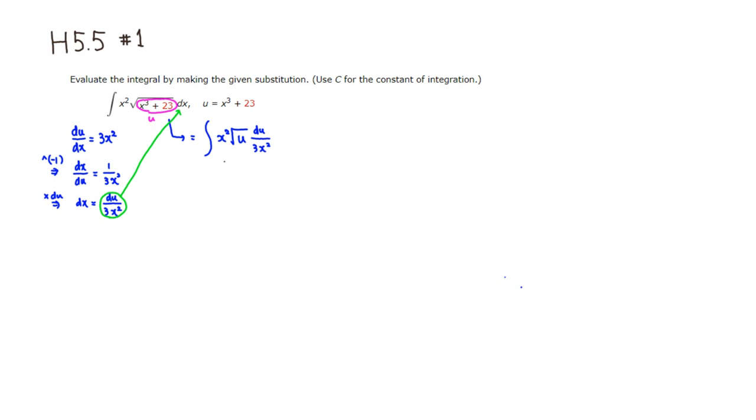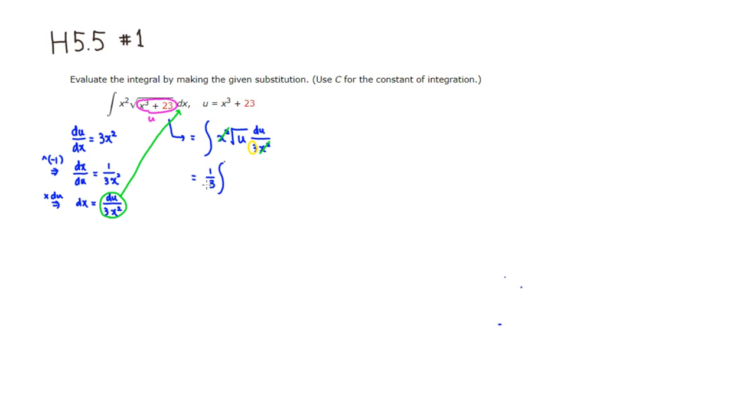Then we can clean up a little bit. The x squared sitting here cancels with the x squared on the bottom. Then we have 1/3, so I'm going to put this number in front of the integral. So we have 1/3 outside, then an integral.